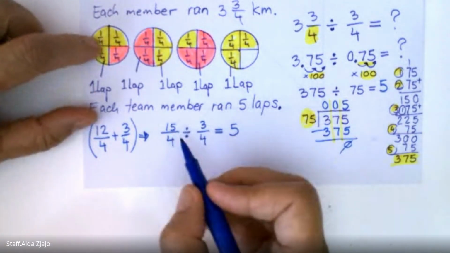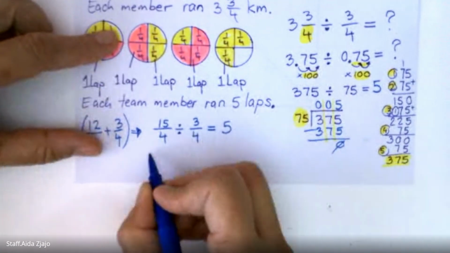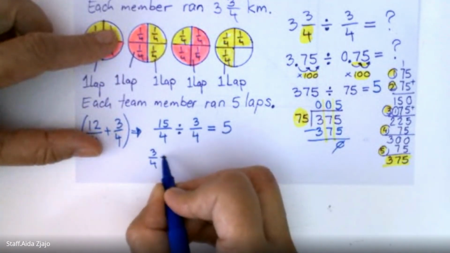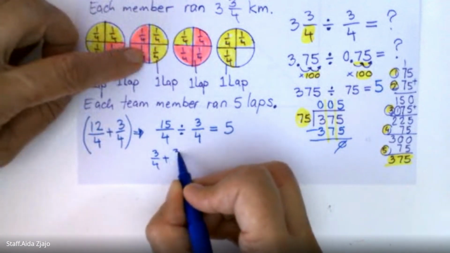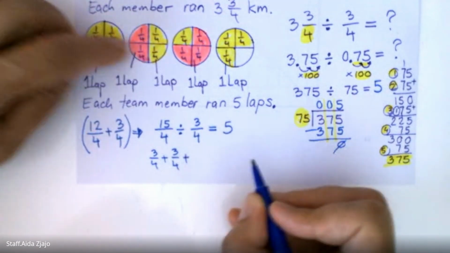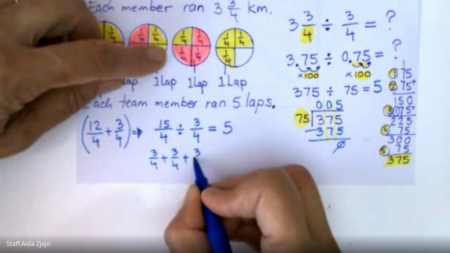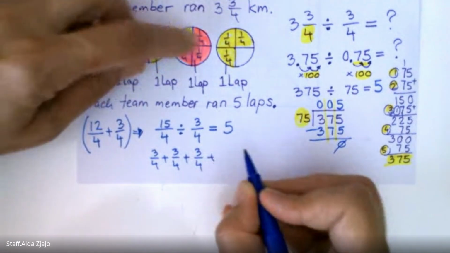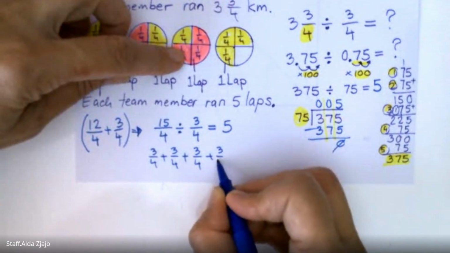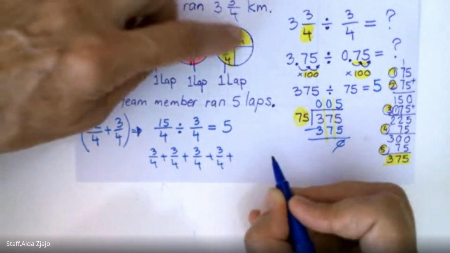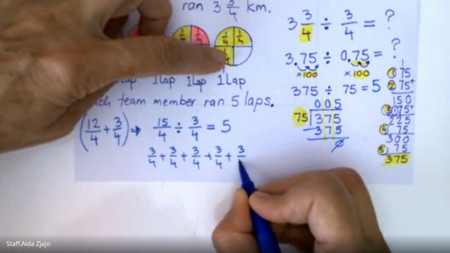Look, so what that means, I'm going to make 3 fourths plus these 3 fourths plus these 3 fourths plus these 3 fourths plus these 3 fourths.